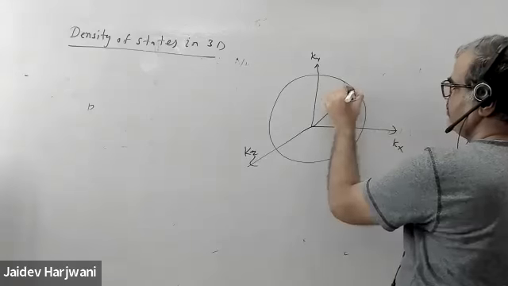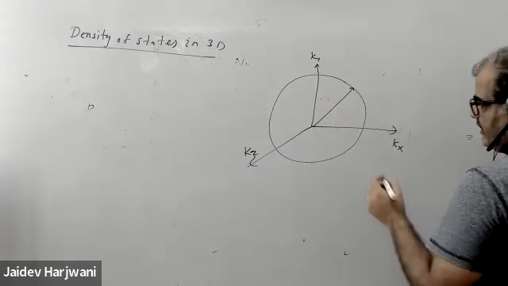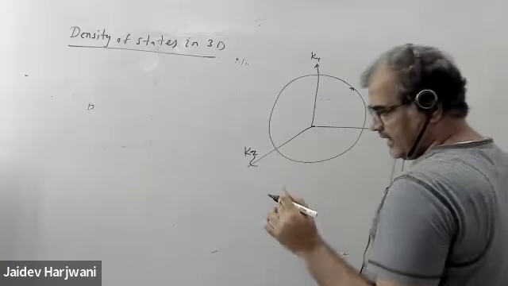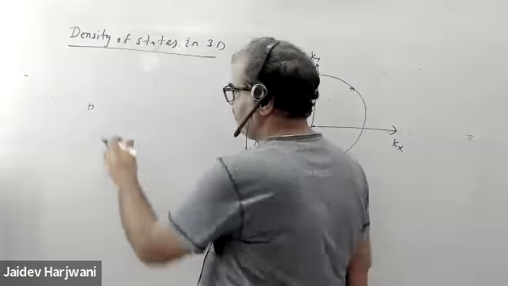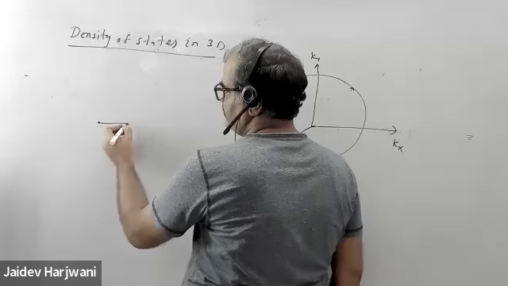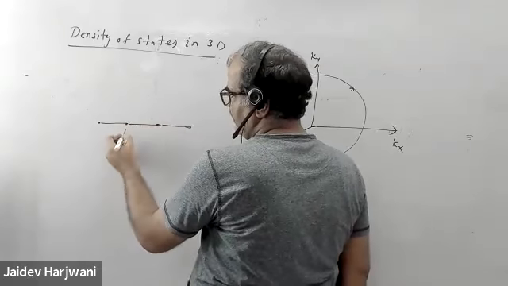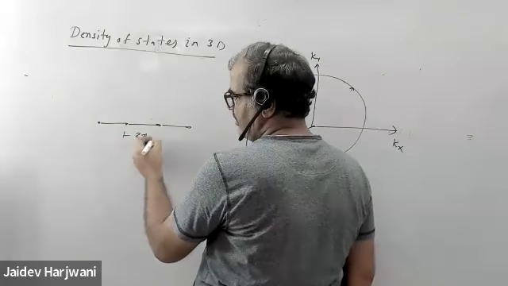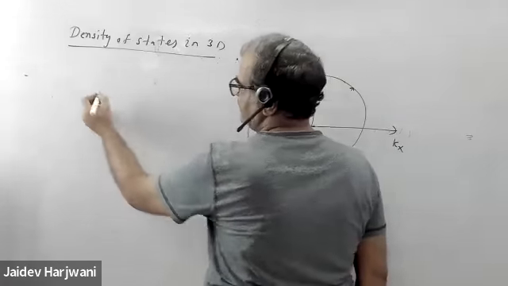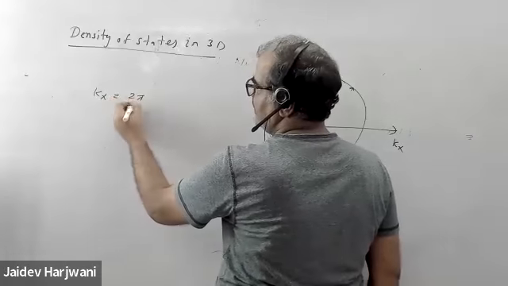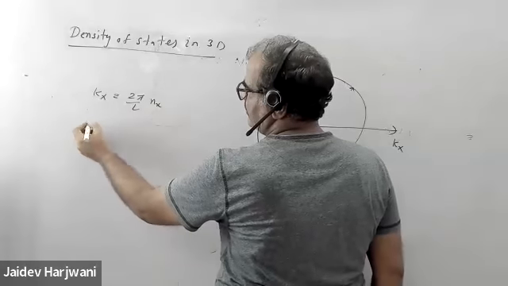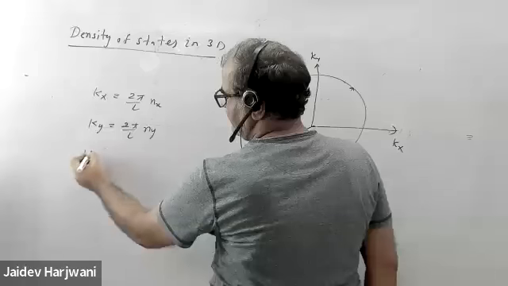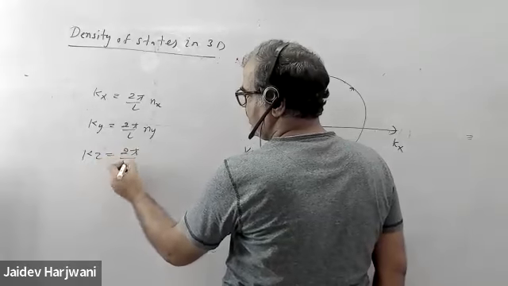Like I told you, in one dimension these are my lattice points, and the distance between two k values is 2 pi by L. Kx is 2 pi by L nx, ky is 2 pi by L ny, and kz is 2 pi by L nz.